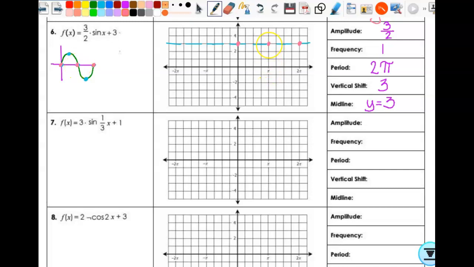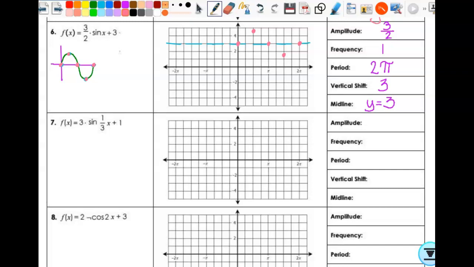So I got those 3 zeros on there. Halfway between these two from the midline, I go up whatever the amplitude is. So halfway between these two from the midline, amplitude is 3/2, so I'd go up 1.5. That's this point. Halfway between these two, I'd go down 1.5. Those are my 5 anchor points. Any questions about where those came from?